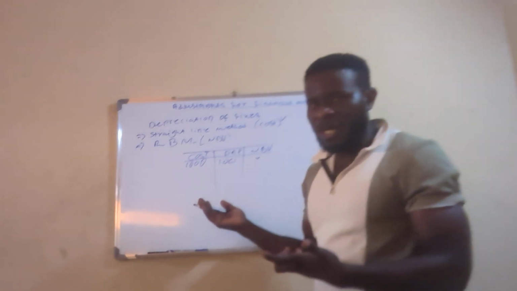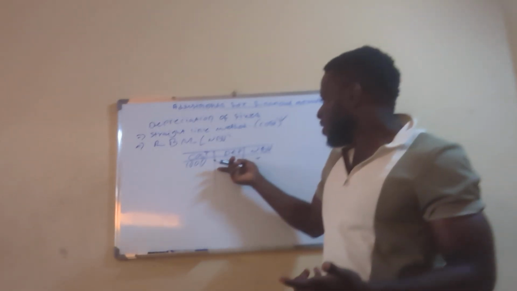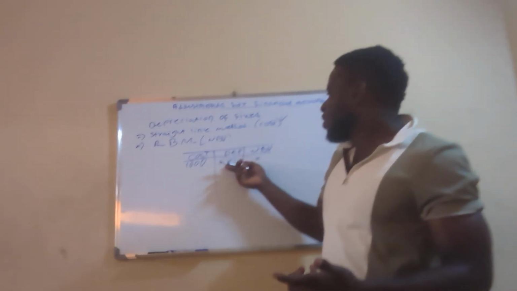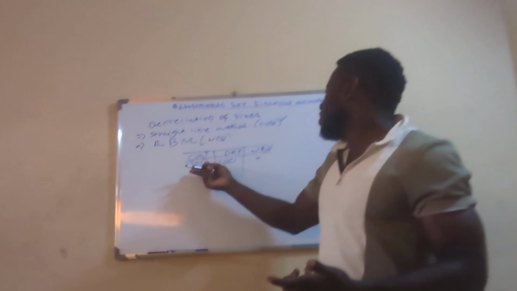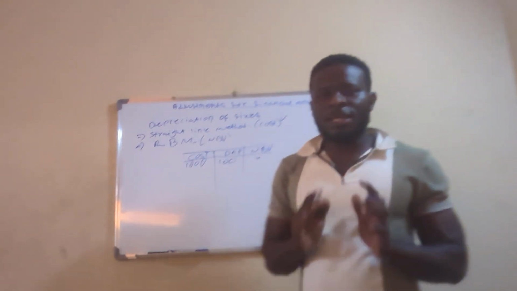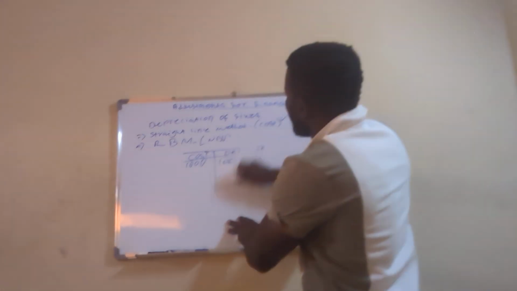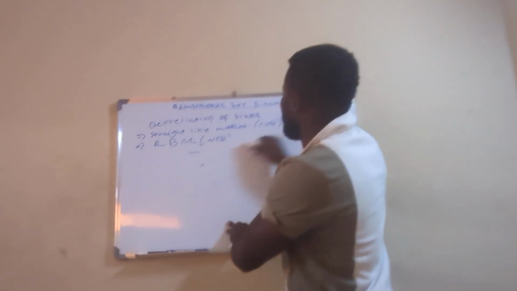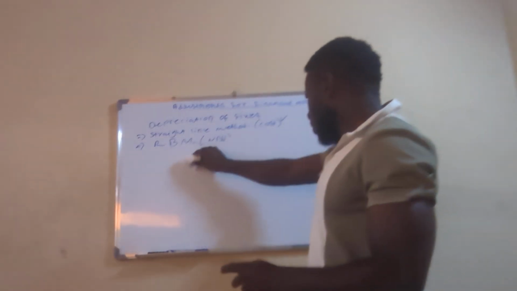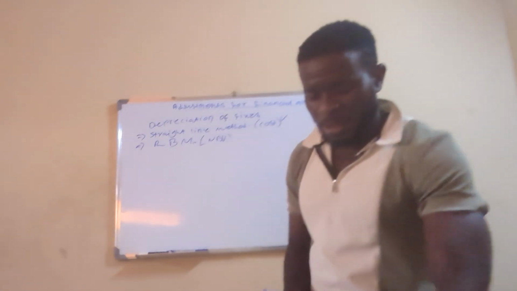This is just an example that I'm giving. You have 1,000 here, the cost, and you have the depreciation here. Once you subtract this, whatever you remain with is the net book value. That's a simple example about the net book value instead of spending a lot of time explaining it. So now, this is what is supposed to be done.